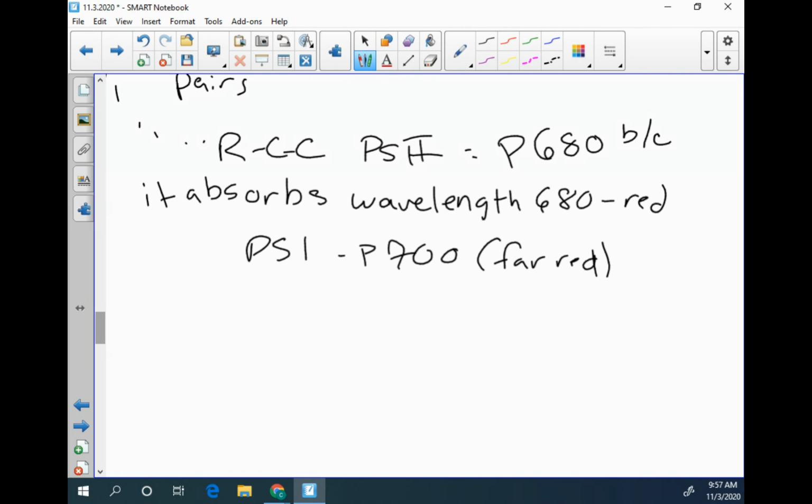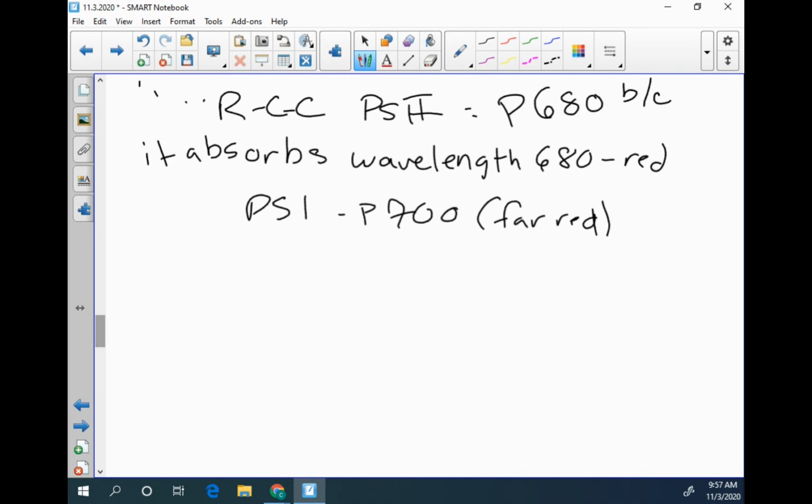So one more thing before I actually draw it out. They are nearly identical, especially in their associations with different proteins in the thylakoid membrane.